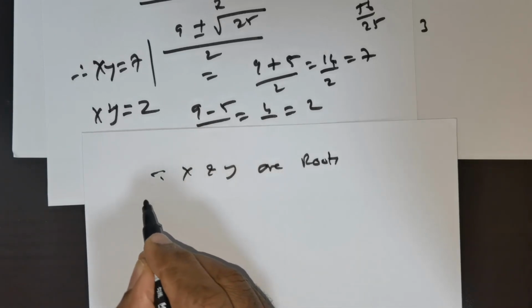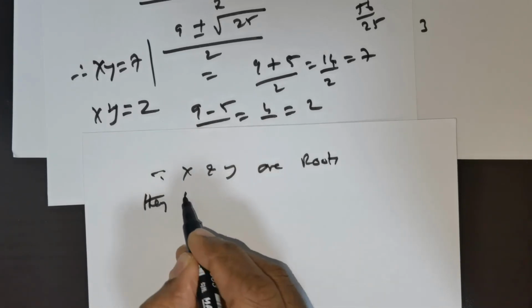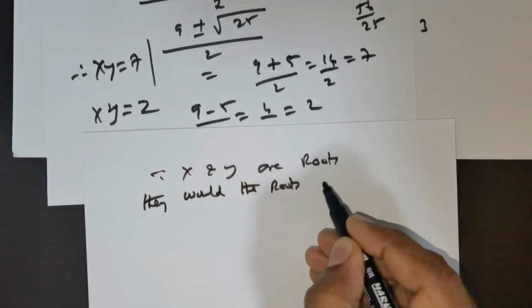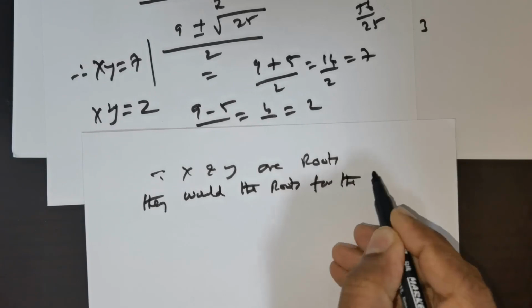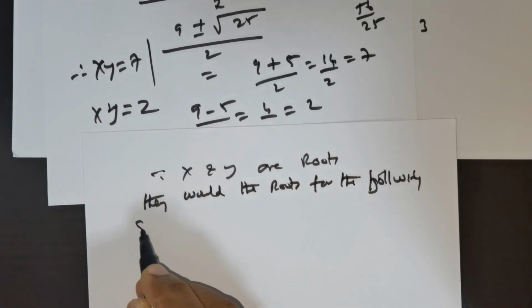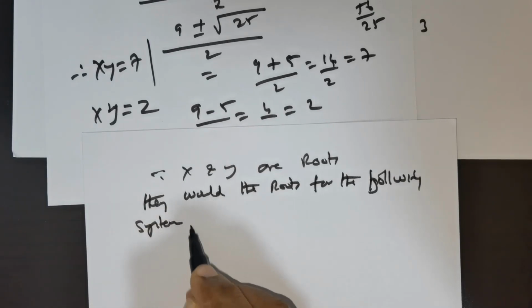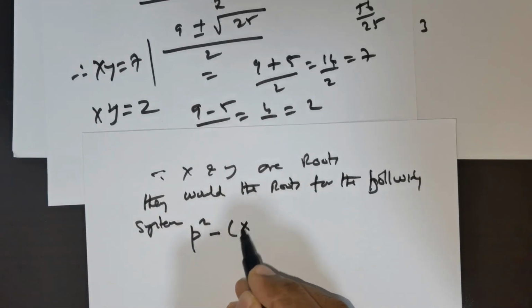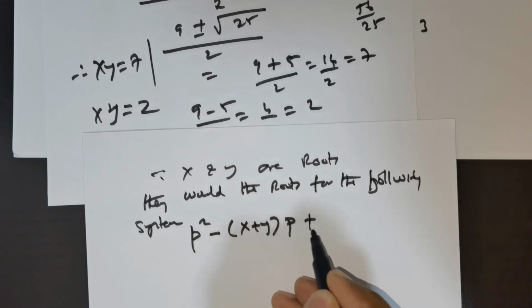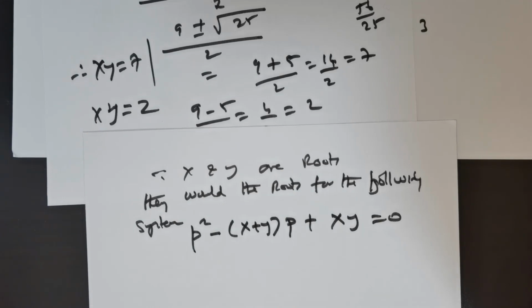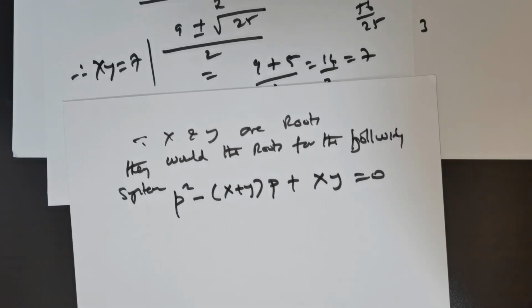So that would mean they would be the roots for the following system. So I'm going to take that system as p squared minus sum of the roots times p plus product of the roots. Okay, so that's always acceptable.